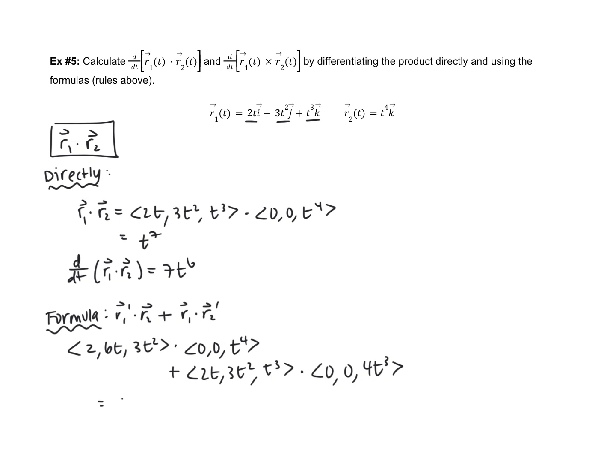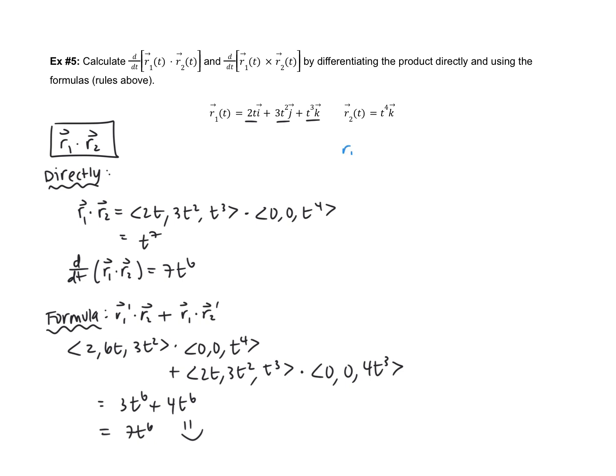And that is going to give me 3t to the sixth, add 4t to the sixth, which is 7t to the sixth. Now, that should not be a surprise. Of course, if we take the derivative directly or we use the formula, we should get the same answer. It's not always going to be that one is faster than the other, but hopefully we can see that in this case, directly was faster.